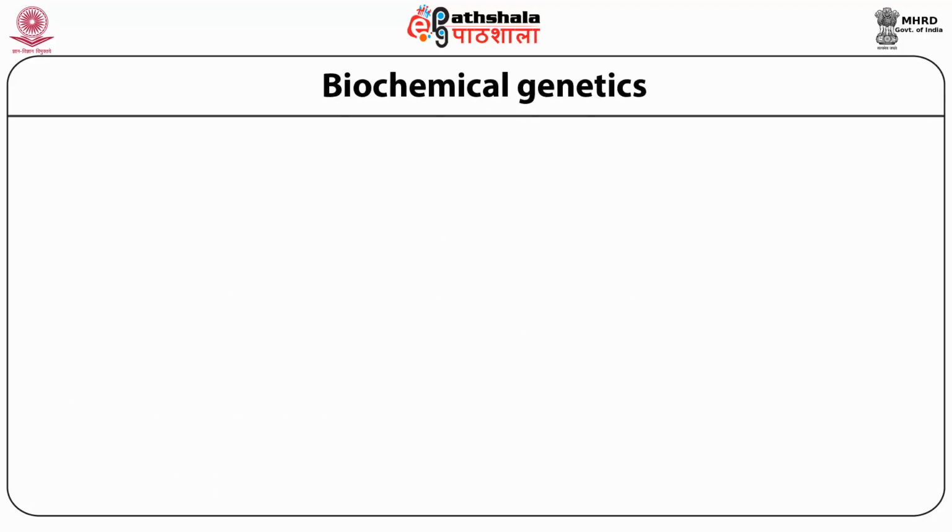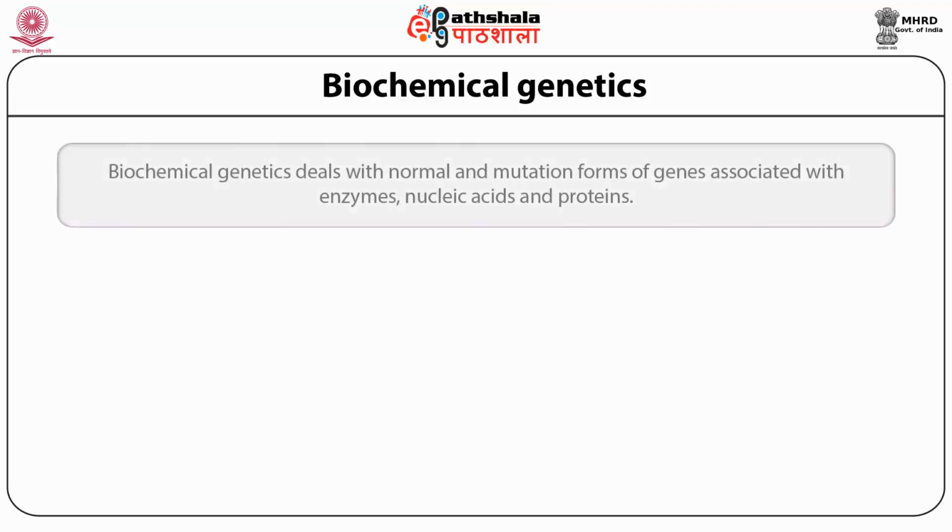The relation of human population genetics with biochemical genetics. Biochemical genetics deals with the normal and mutant forms of genes associated with enzymes, nucleic acids, and proteins. This branch involves the study of many heritable diseases including sickle cell anemia, thalassemia, G6PD deficiency, and other inborn errors of metabolism.